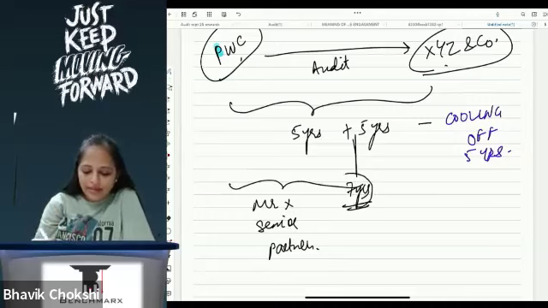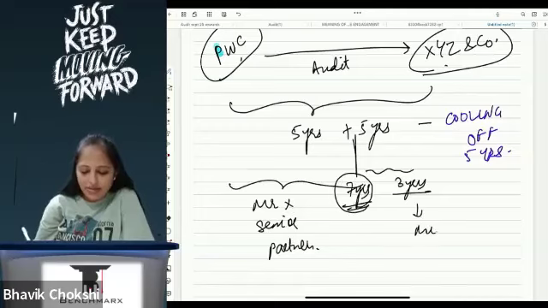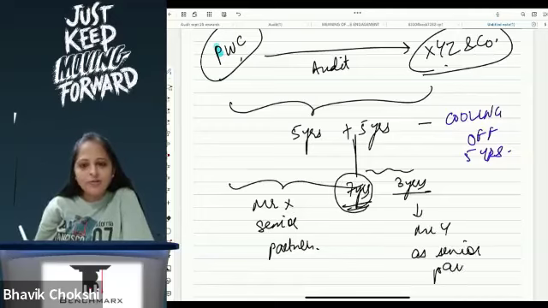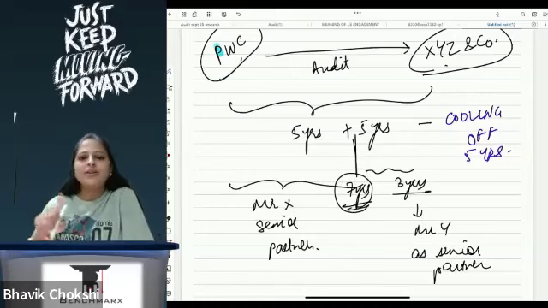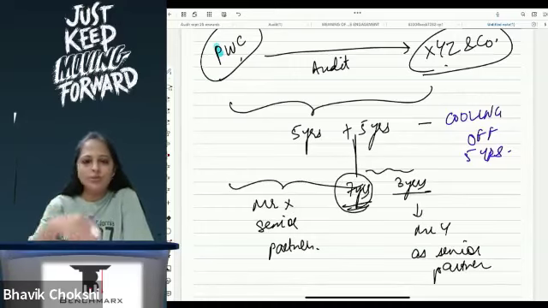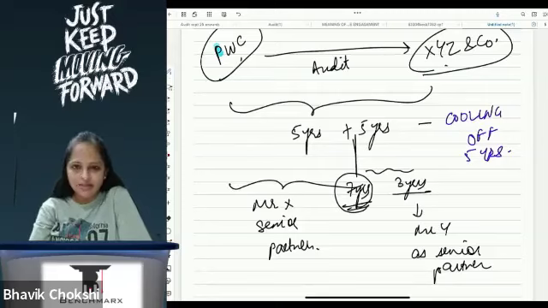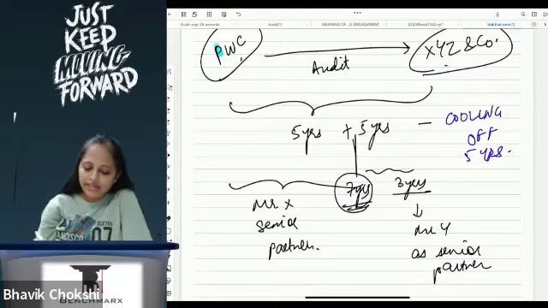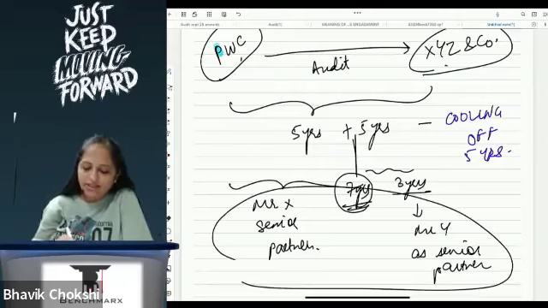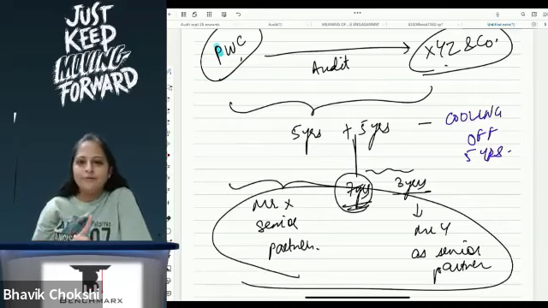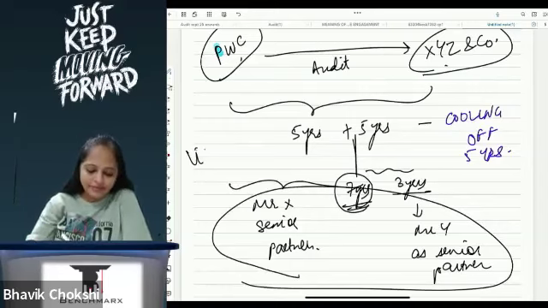But at the end of 7 years, for the next 3 years you have someone else, Mr. Y, as senior partner. So within the firm also you will rotate your senior partner. The firm will change completely, there will be a cooling off period, but this internal rotation also you will have to do if you are listed.